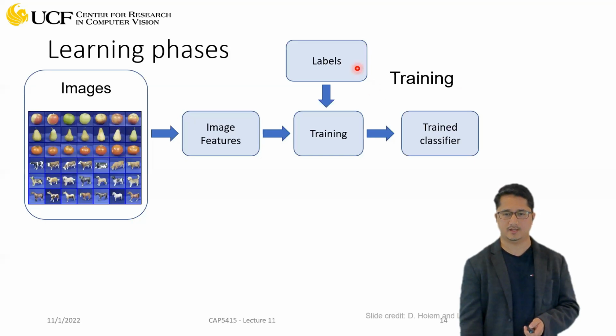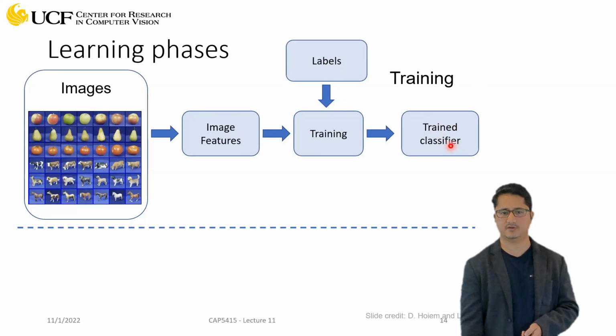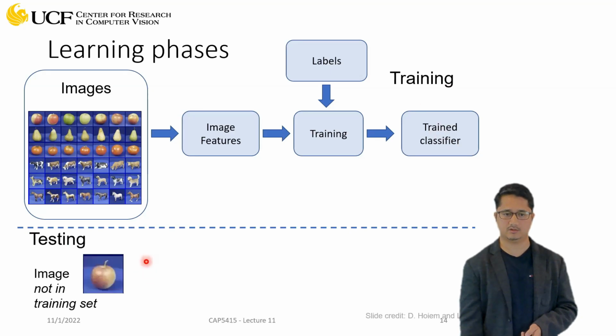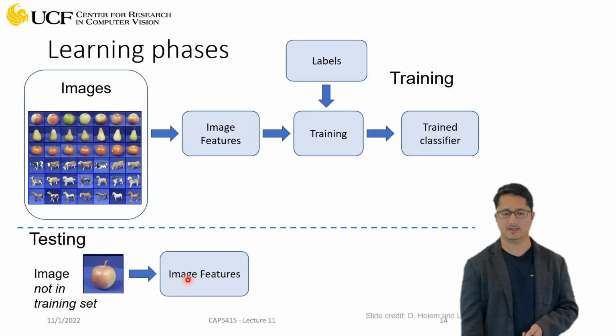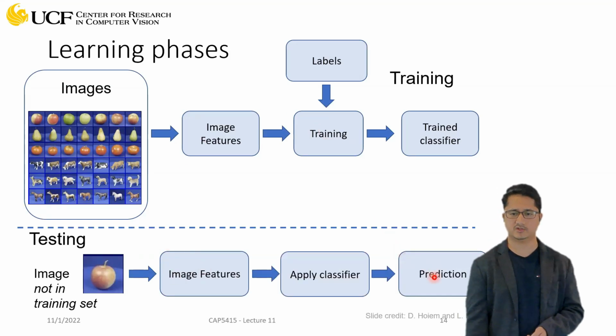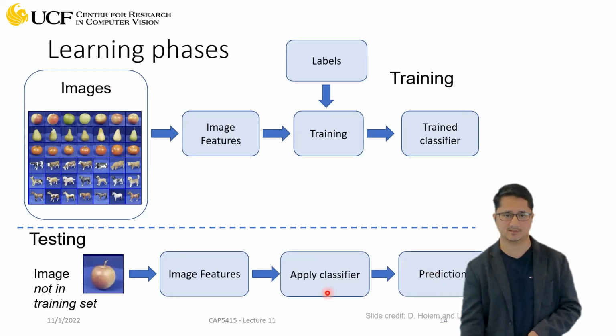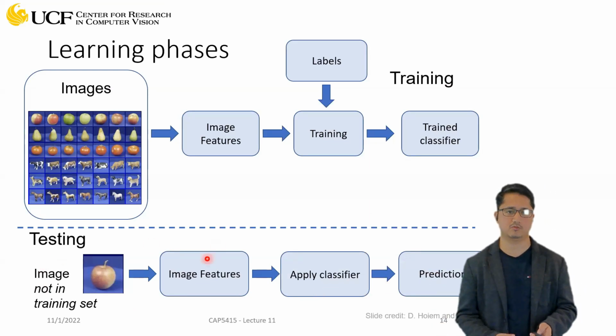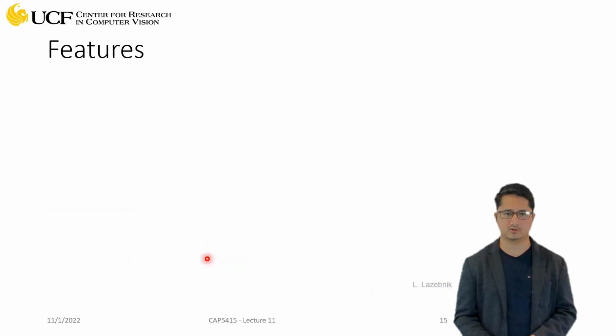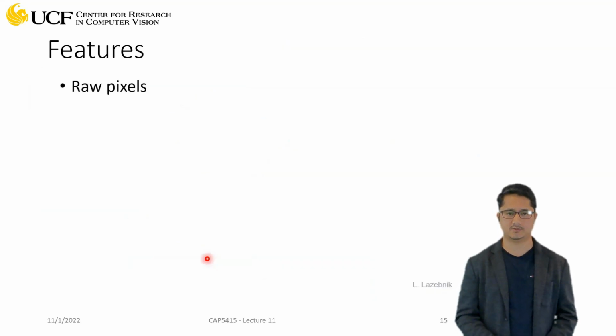At the end of this, you will get a trained classifier, which you will run on your testing images. For testing images, you will use the same feature extraction steps, and use the trained model to make the final prediction. Of course, you will have labels for these testing samples, and you can evaluate how well your model is doing. That's the overall training process you have to take.